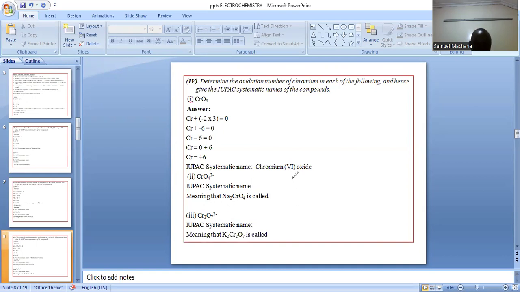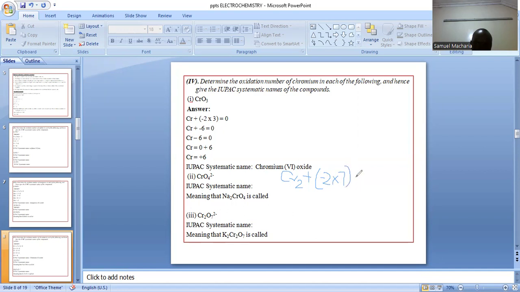So we are having here Cr2O7. So Cr, they are 2, plus, in brackets, because we know that the oxidation number of oxygen is -2, you multiply by 7 because there are 7 oxygens.